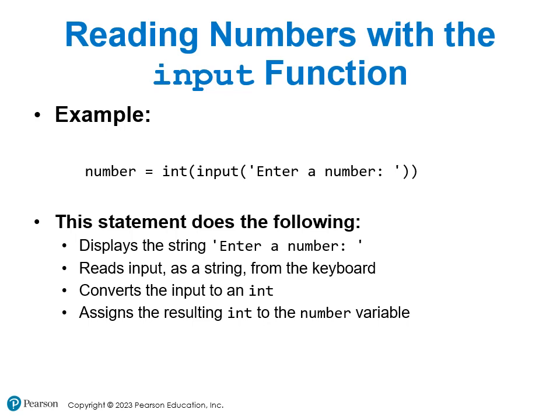Look at this. We have a variable called number that is equal to an input where we're asking the user to enter a number. However, we want it to be an integer, right? Because we don't want it to be a string if we want to perform some calculations with it. In this case, we just put int in front of it, and that's going to store the integer that the user typed into our variable called number.